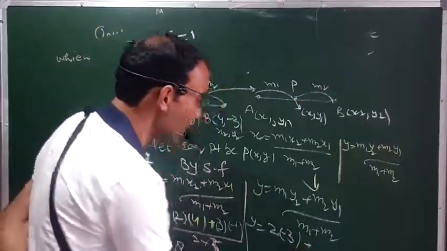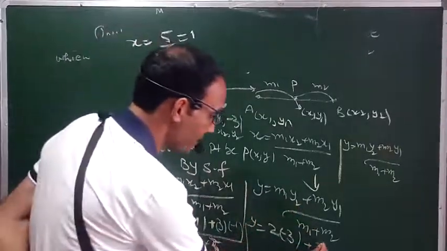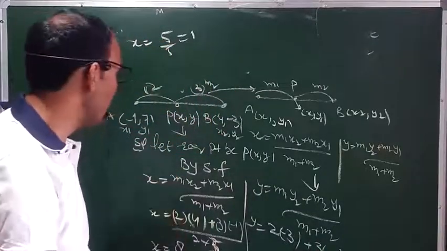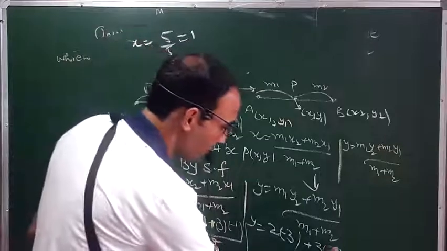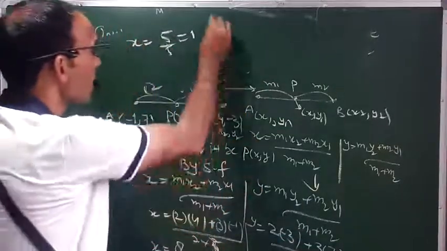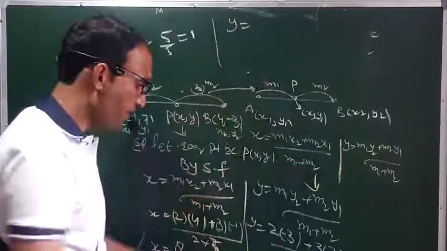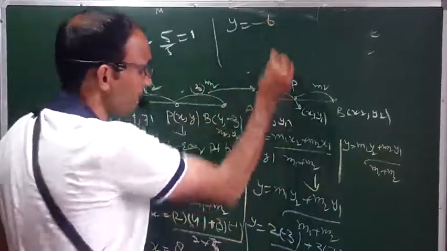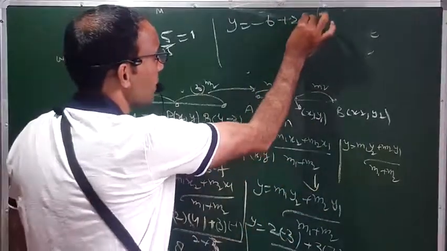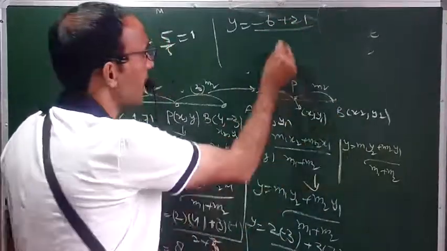That is 3, and what is the value of y1? y1 का जो वैल्यू है that is dear students 7 upon 2 plus 3. अब इसको सिंपलीफाई करना है. What it becomes? It becomes minus 6. 3 into 2 that is minus 6. बीच में आएगा प्लस 21. अपॉन में क्या आएगा? अपॉन में आएगा dear students 5.